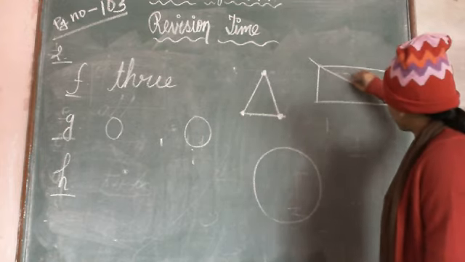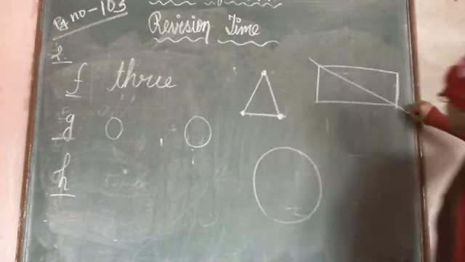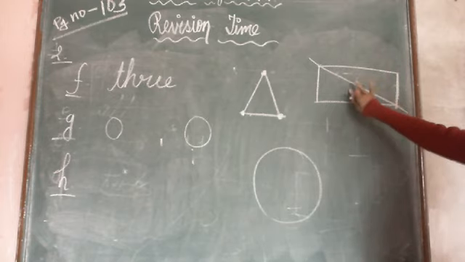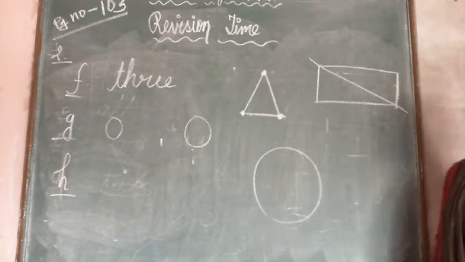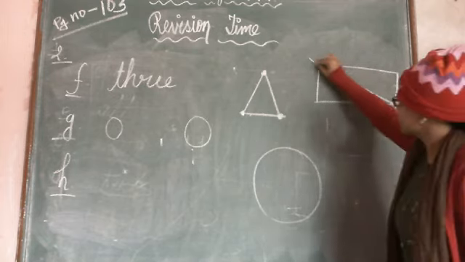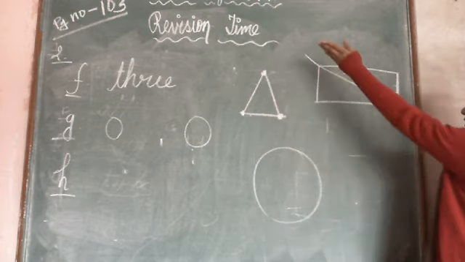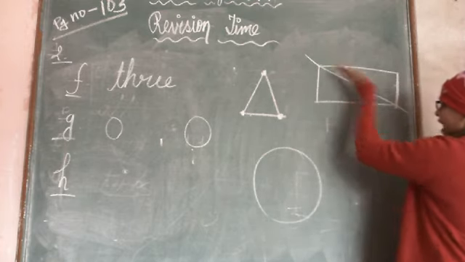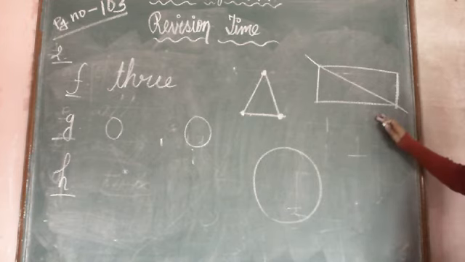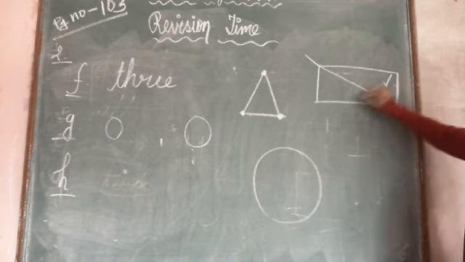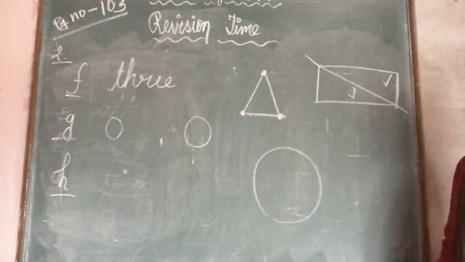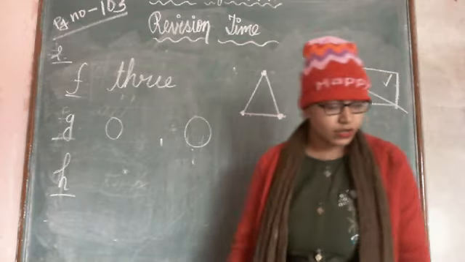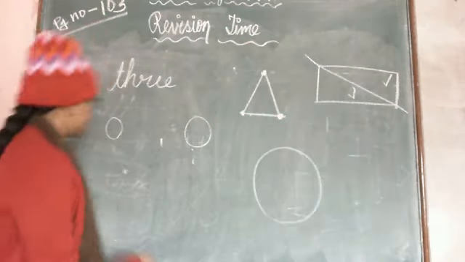So if I cut this rectangle diagonally like this, then two equal triangles will be formed. So the answer for H is 2.